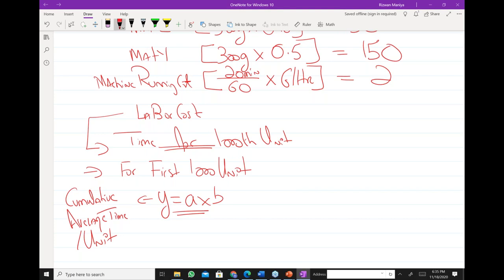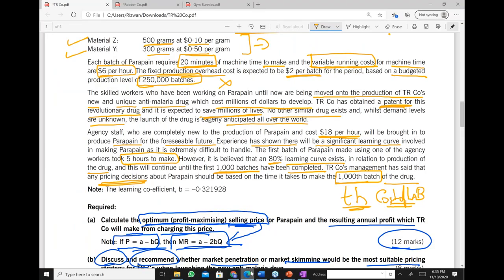So let's work out the time to make one unit. The time to make the first unit was given here, and that time is 5 hours, right?